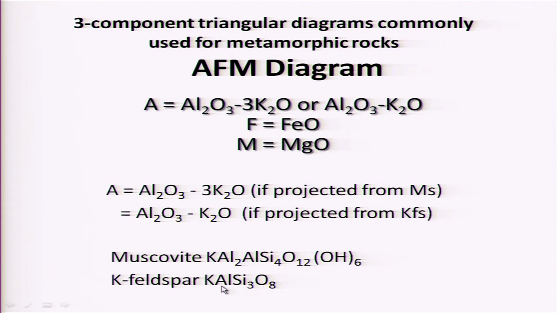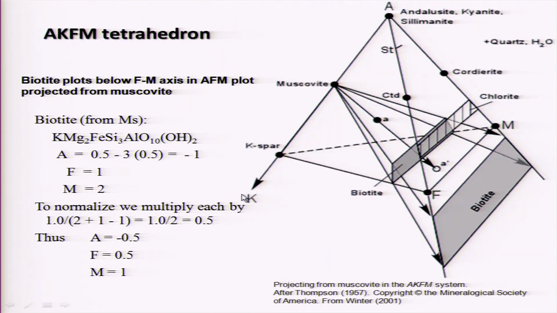In potash feldspar, for 1 mole of potassium, 1 mole of aluminum is associated. So when projected through K feldspar, the subtraction is Al2O3 minus K2O, whereas when projected from muscovite, the subtraction of aluminum is 3 times the K2O. In this way the AKFM tetrahedron can be reduced to the AFM phase.